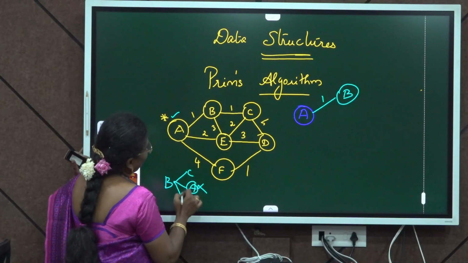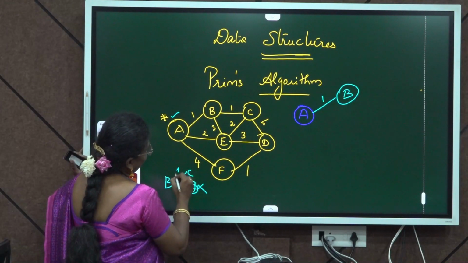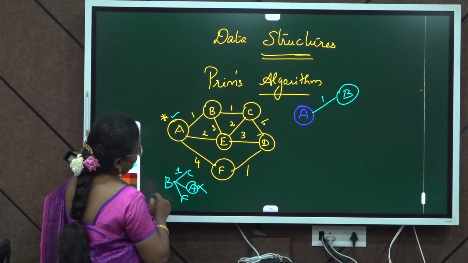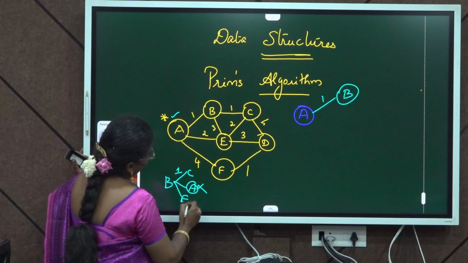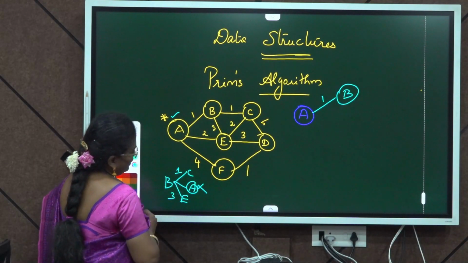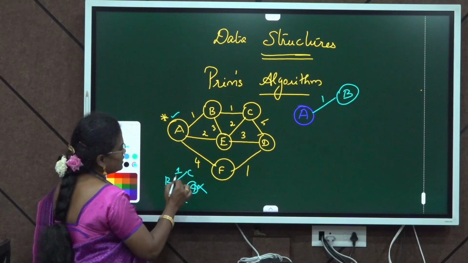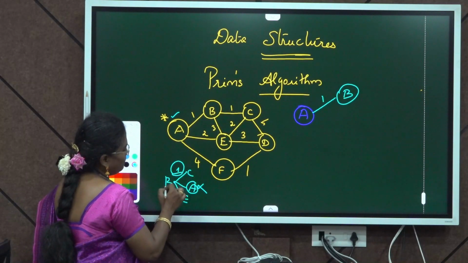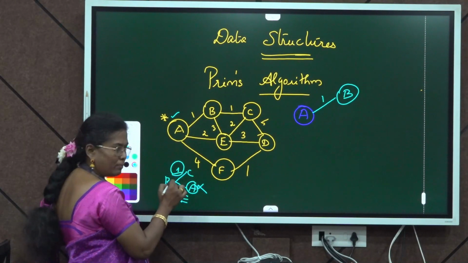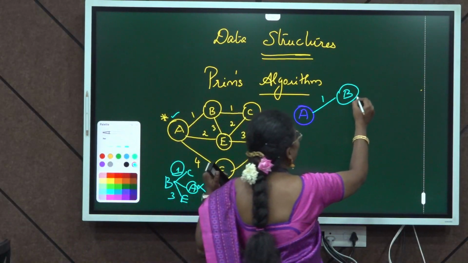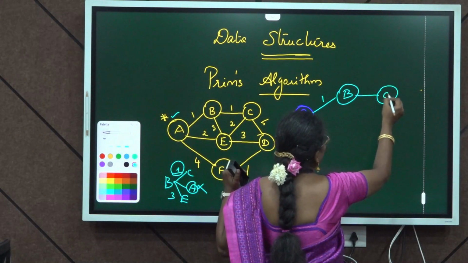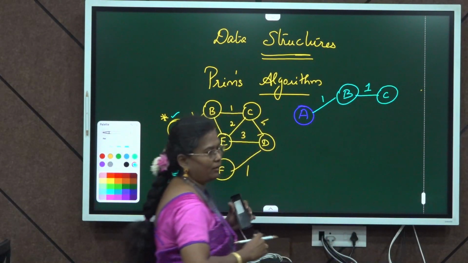And we have C and F. To reach C it takes the cost of 1, and to reach F it takes a cost of 3. So, out of these 2 edges, the edge from B to C has the minimum cost. So, we are going to reach the node C from B, which has the minimum cost of 1.